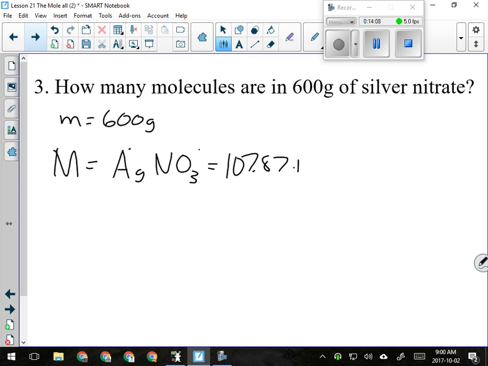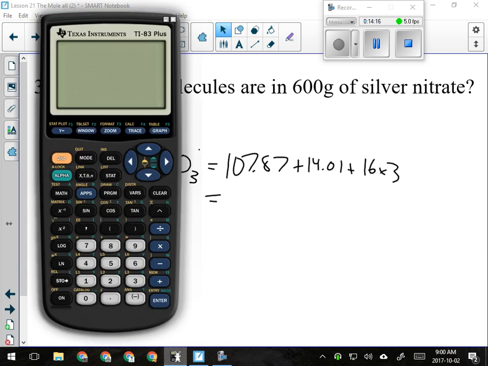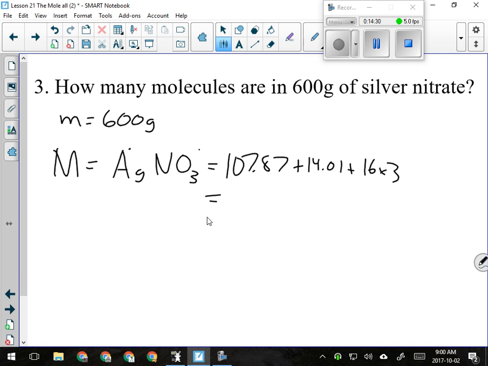Then we've got 1 nitrogen, so 14.01, and then 3 oxygen, so 16 times 3. So 107.87 plus 14.01 plus 48, that's 3 times 16. It's 169.88 grams per mole.